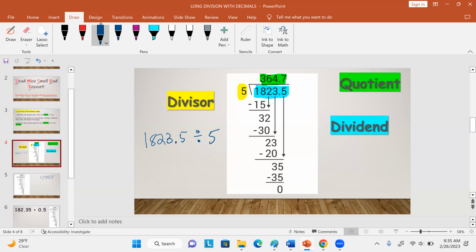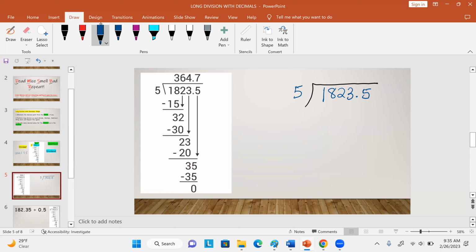Okay, let's explain this long division. Again, the question is 1823.5 divided by 5, and the result, which is the quotient, will be on top. Now, how does that work?